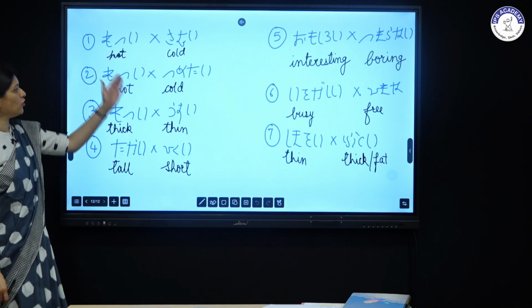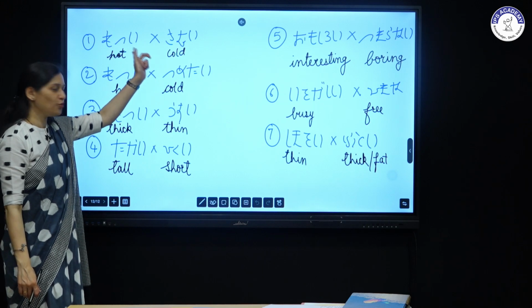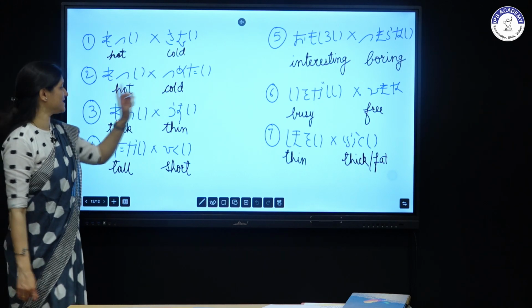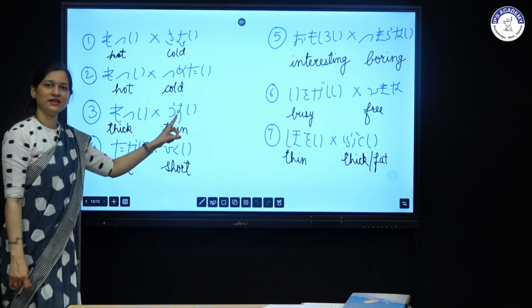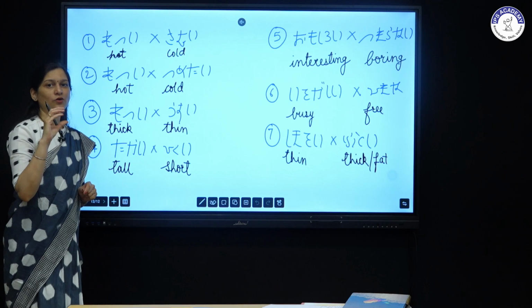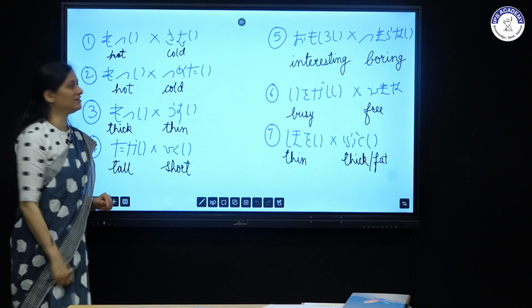Then there are few more pairs of adjectives. Atsui, samui with reference to weather. Atsui, tsumetai with reference to liquids. Atsui and usui with reference to the books, their thickness or how thin they are. Takai, vertical height.